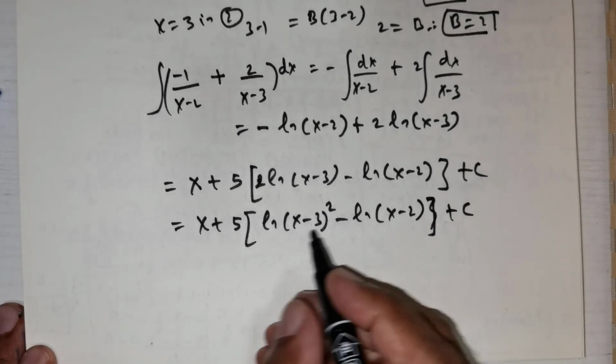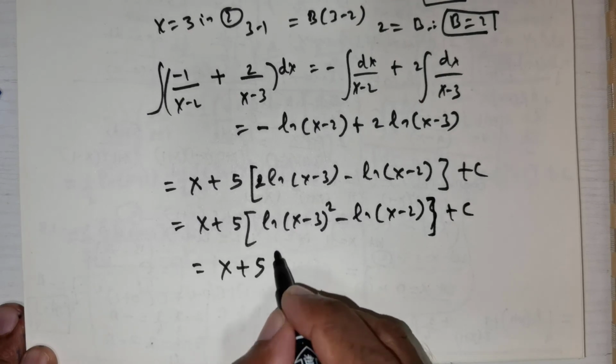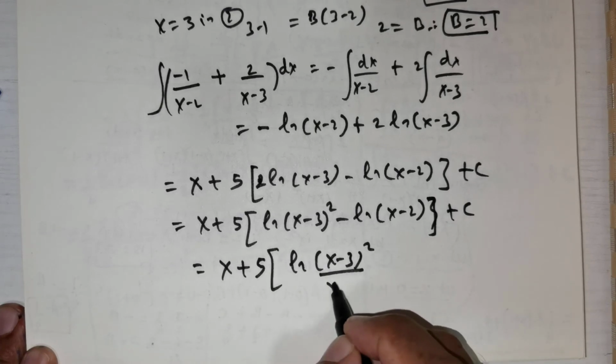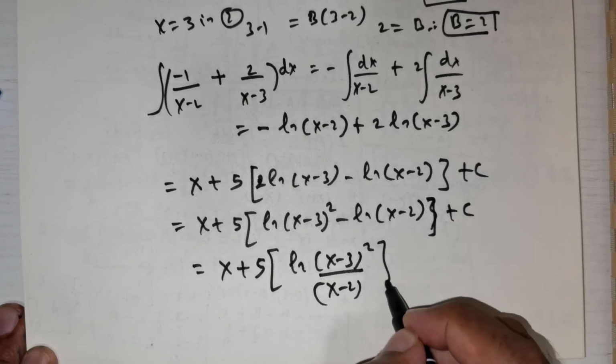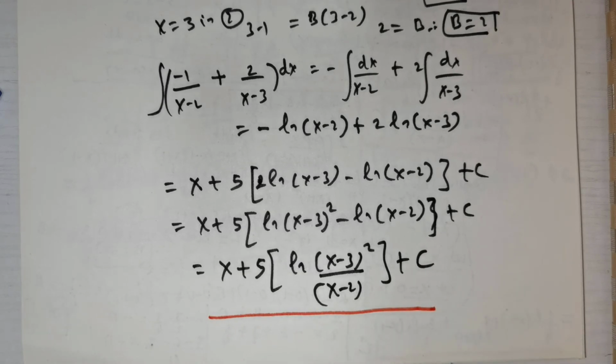Now this is ln a minus ln b, so this can be rewritten again as x + 5 times ln of (x - 3) squared over (x - 2), and the arbitrary constant has to be added. I think this is a good place for us to draw the red line, students. Thank you.